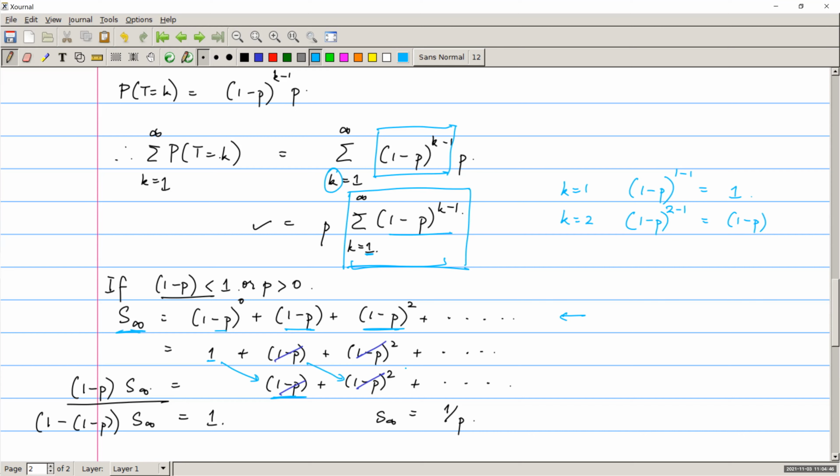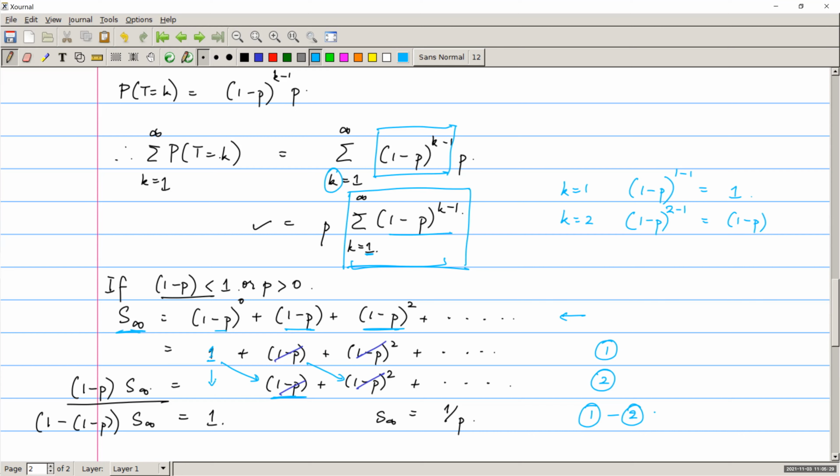The reason I do it is that now when I subtract line 1 minus line 2, all terms cancel except this one which does not have a companion here. So what it means is that s infinity minus 1 minus p times s infinity is just 1, and then I can solve for s infinity as 1 over p.